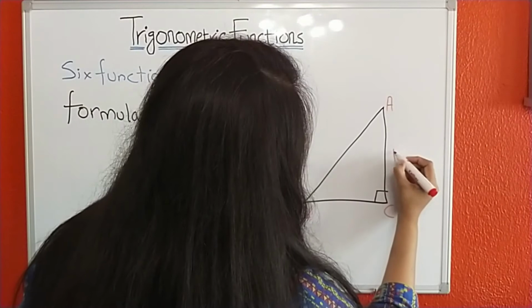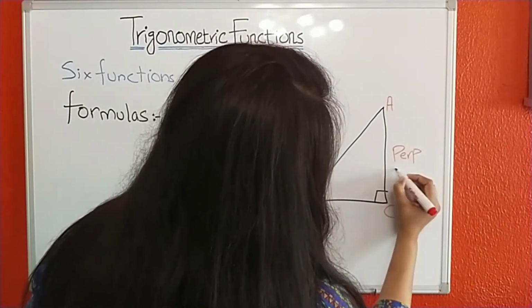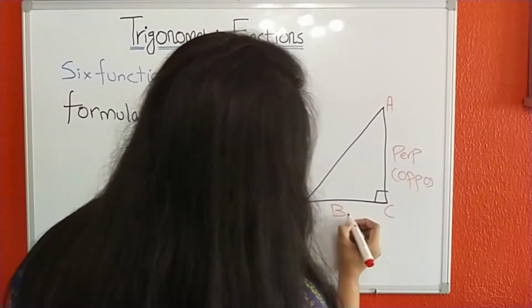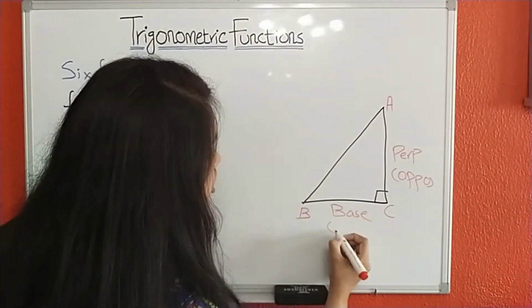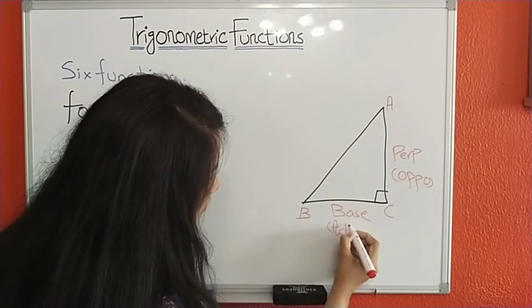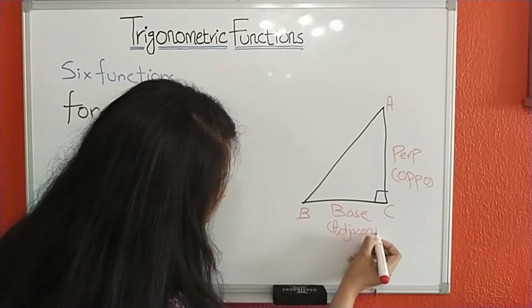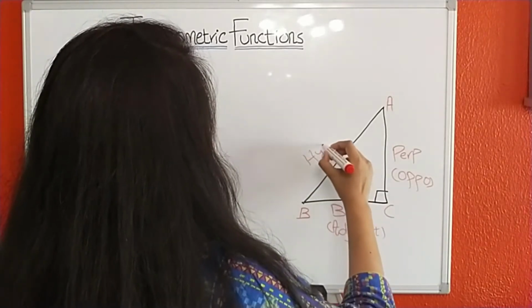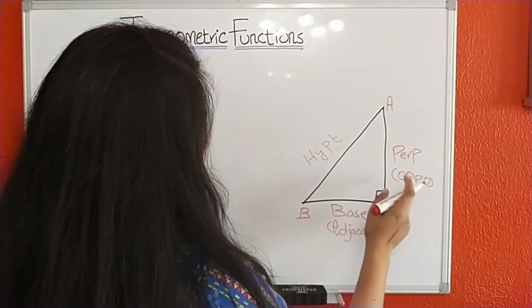This side is the perpendicular or opposite side. This side is the base or adjacent side. And this side, which is the longest side of a right angle triangle, is the hypotenuse. I am using short forms.